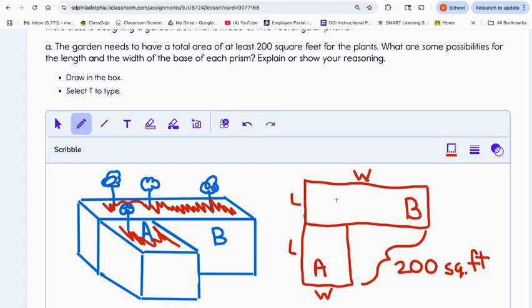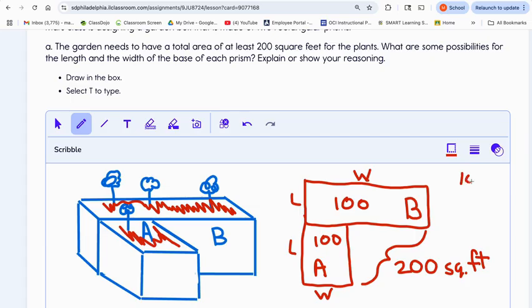Since the total area is 200, I have decided to make rectangle A 100 square feet, and rectangle B 100 square feet, which totals 200. Now I need to think of factor combinations that when multiplied equal 100.